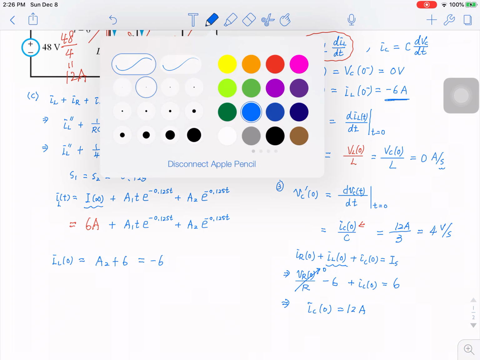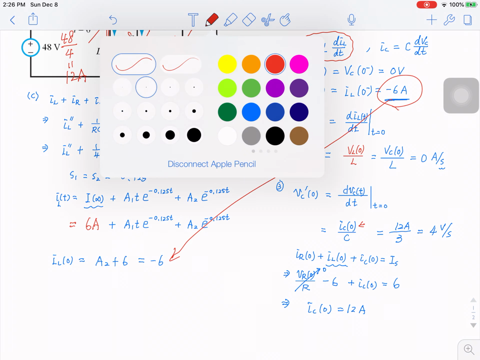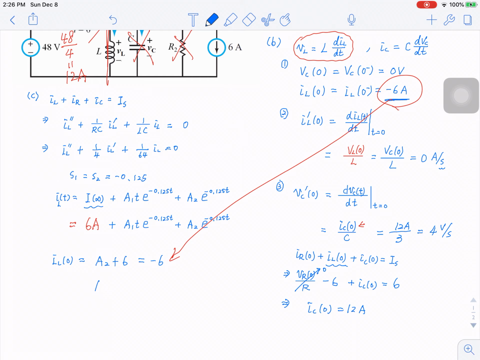You can find this answer from here. So you get A2 is equal to minus 12.